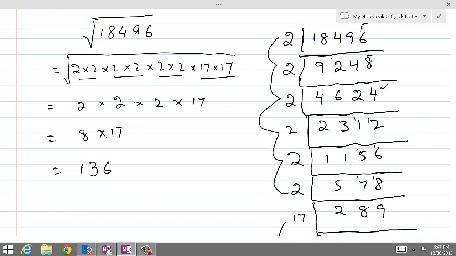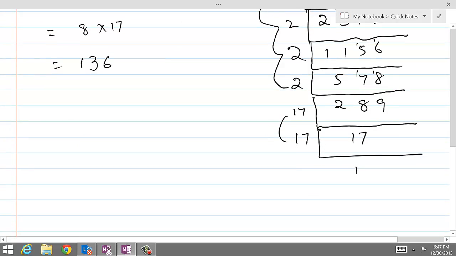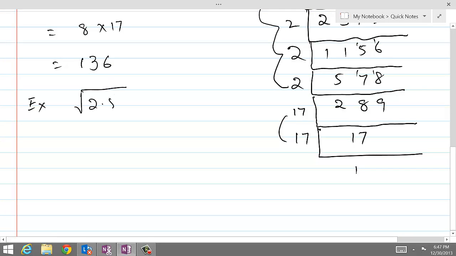But numbers are not always going to be integers. They could appear in the form of fractions as well. Let's take a look at another number. For example, find the square root of 2.56. Now apparently we don't know what the square root of 2.56 is, but let's get started.